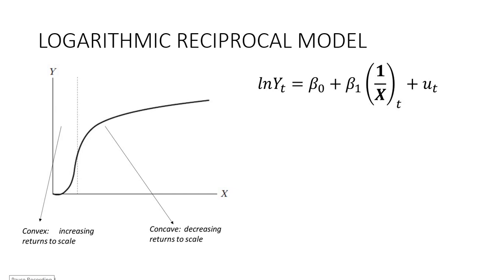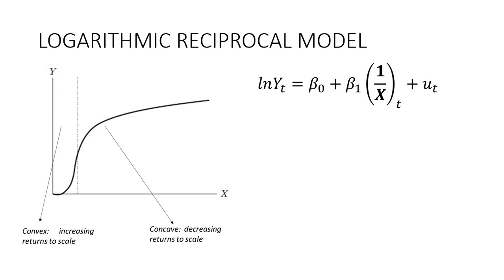So in all the regression models we discussed so far, the effect of the independent variable on the dependent variable was uniform in terms of direction. I will explain. As you can see in this graph, an increase in input will always be accompanied by an increase in output.